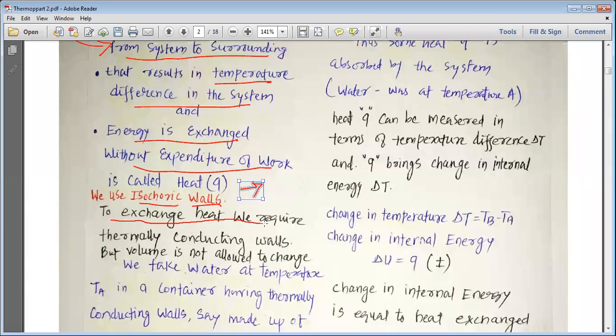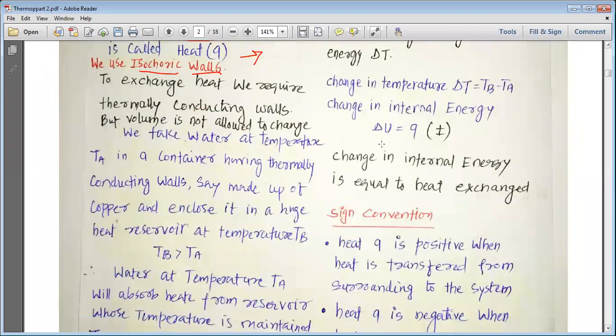To exchange heat, we require thermally conducting walls, but volume is not allowed to change. Please remember that when we want to exchange the heat, we require thermally conducting walls and the volume should not be changed. If the volume is not being changed, we can say that we have added or removed the heat.